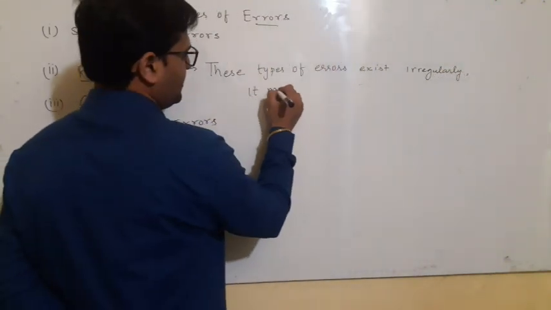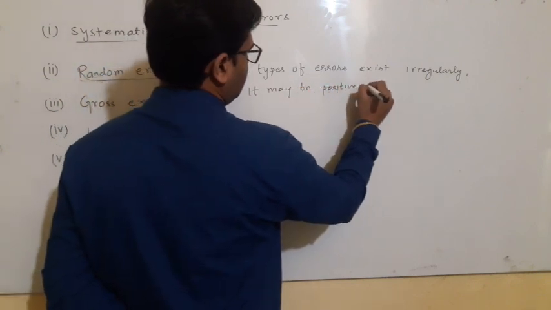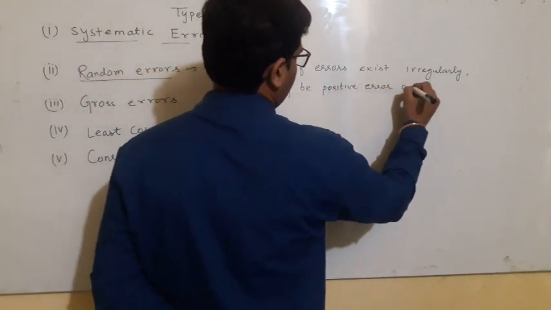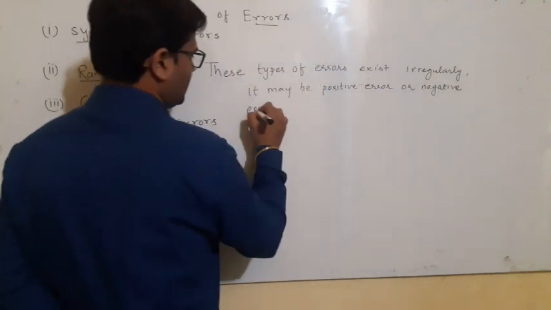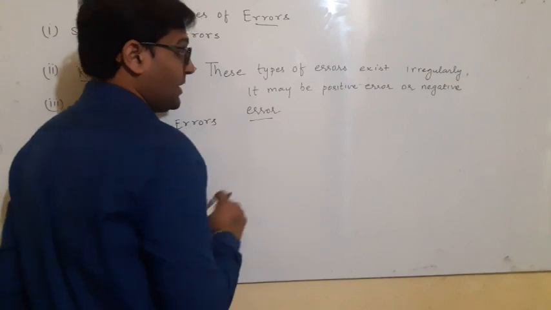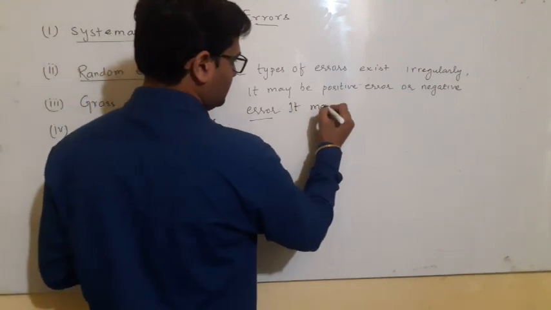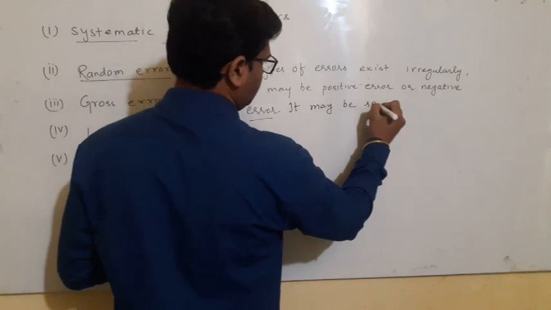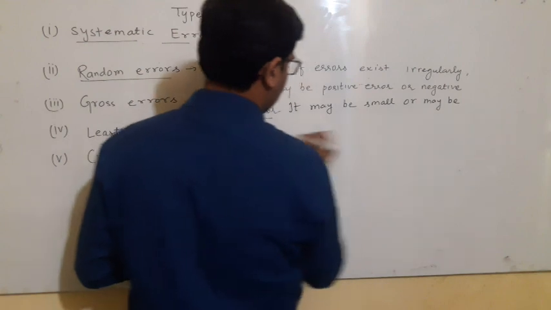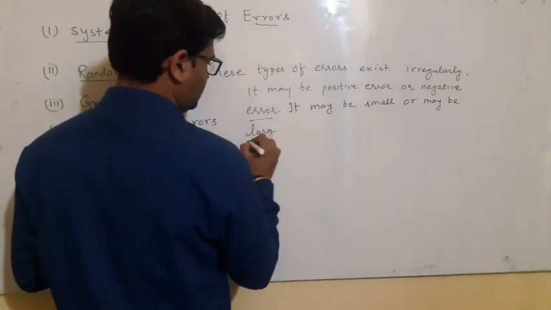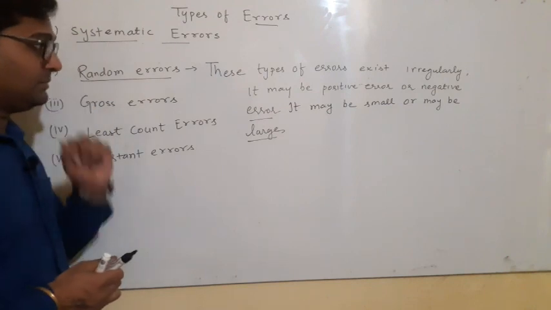It may be positive error or negative error. It may be small or it may be large, right? So these are the random errors.